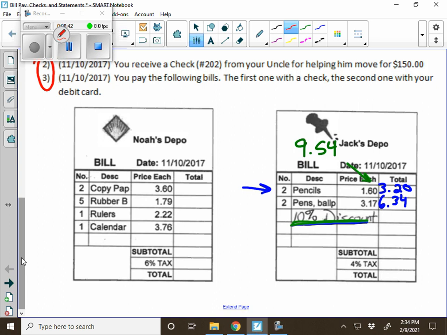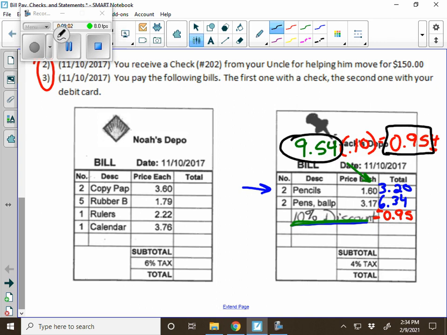So I'm going to take a 10% discount, which would be 0.954. That's a 4, so it's 95 cents is our discount. So minus 95 cents. So now when I go through, my subtotal is the 9.54 minus the 95 cents, or my discount, to get 8.59.